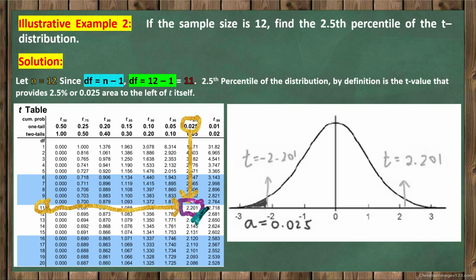Using this logic, the t value corresponding to the 2.5 percentile must be negative. With the idea of symmetry about 0, we therefore conclude that the 2.5 percentile of the t distribution is negative 2.201.